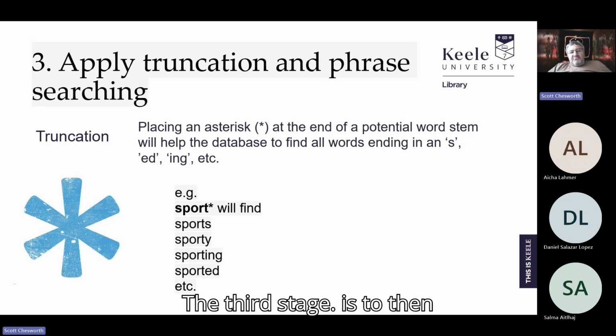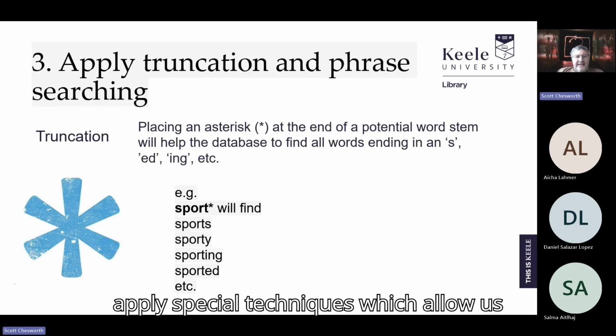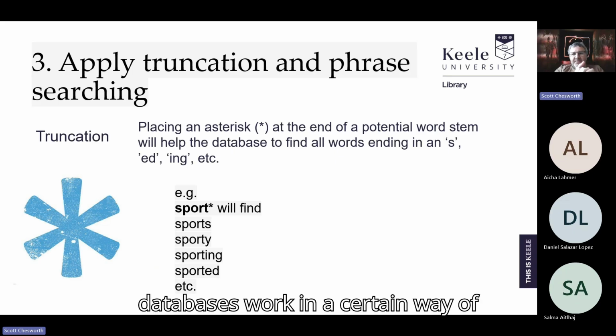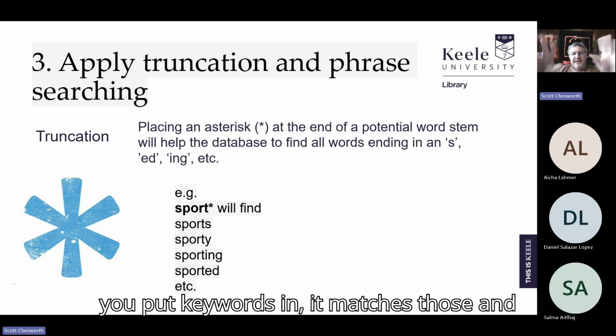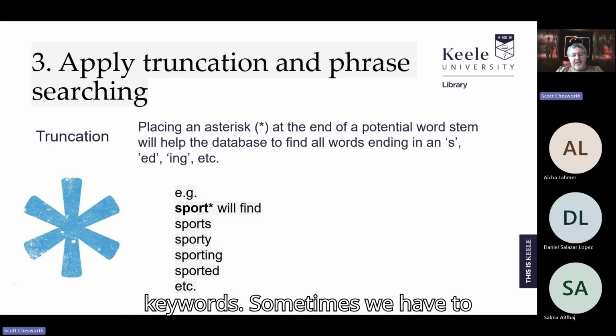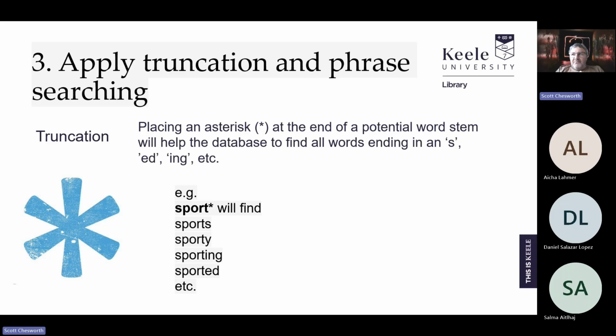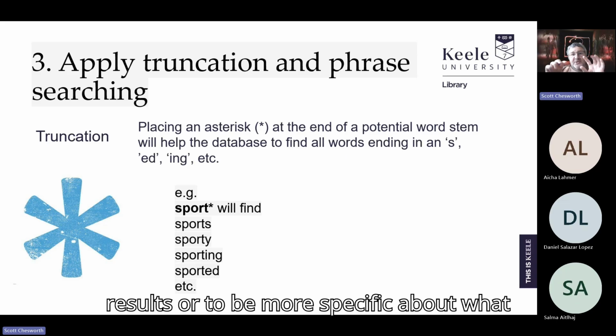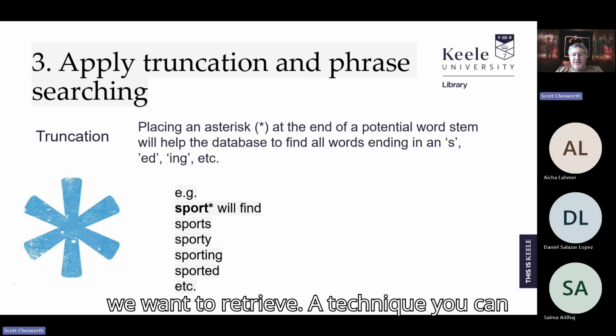The third stage is to then apply special techniques which allow us to manipulate the database, because databases work in a certain way: you put keywords in, it matches those and retrieves information which matches the keywords. Sometimes we have to try and manipulate it to give us more results or to be more specific about what we want to retrieve.